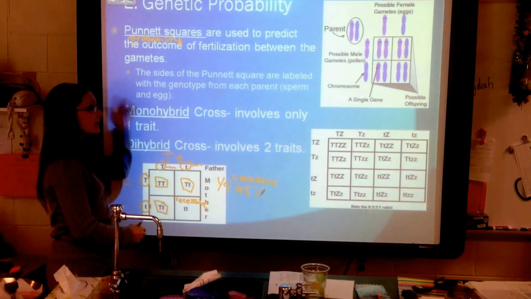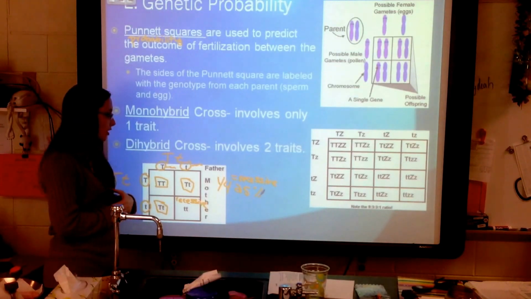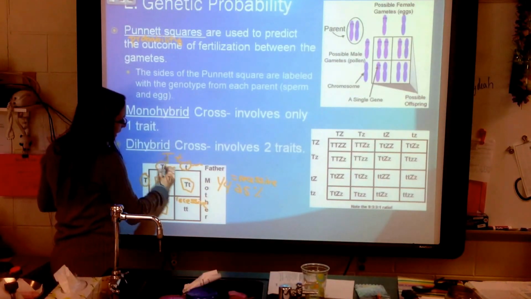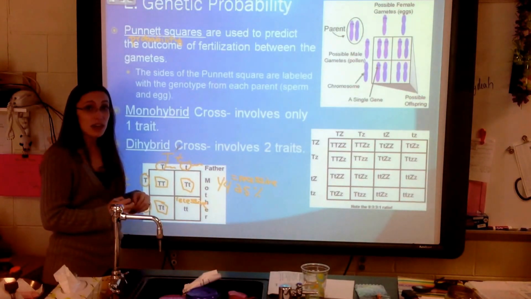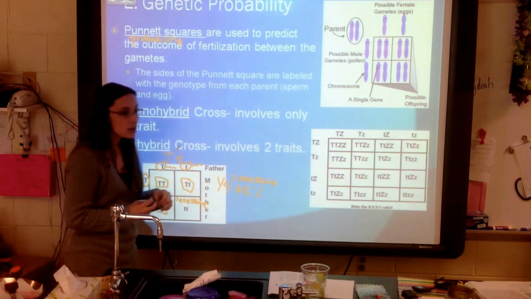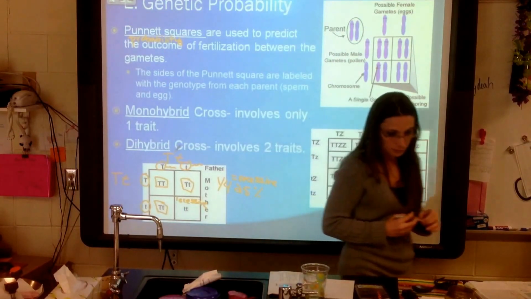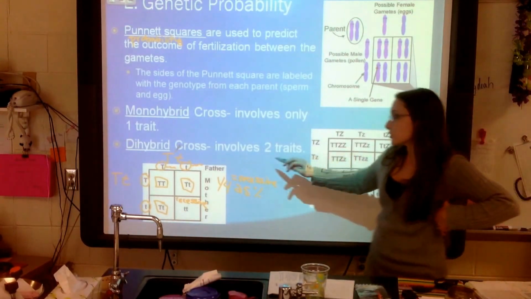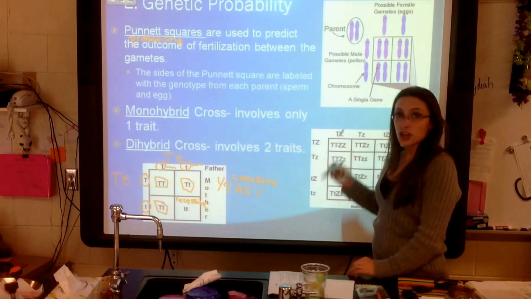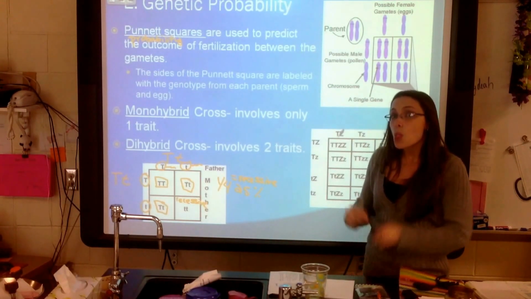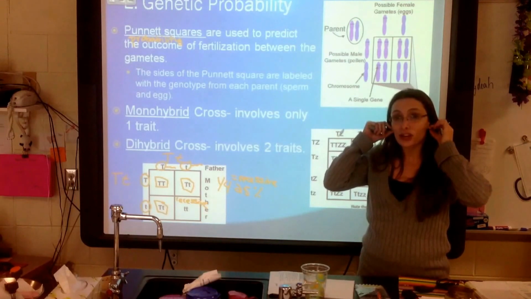And so what you need to be able to do with a Punnett square is you need to be able to take a genotype and predict the genotypes and phenotypes of the offspring. You can also do what's called a dihybrid cross. So let's say we wanted to know the chance of rolling your tongue and having unattached earlobes.